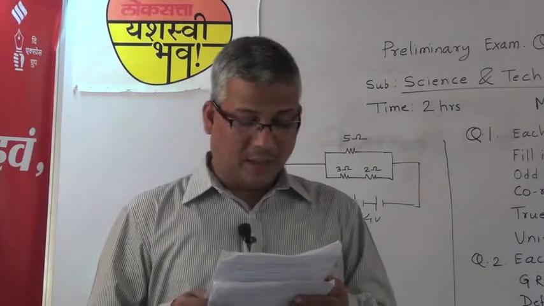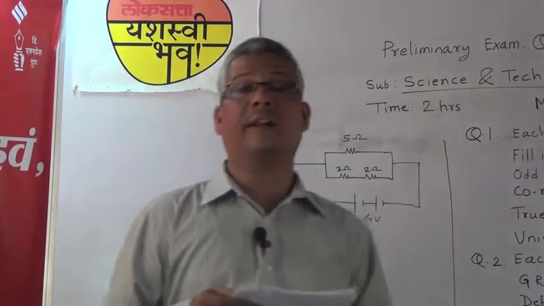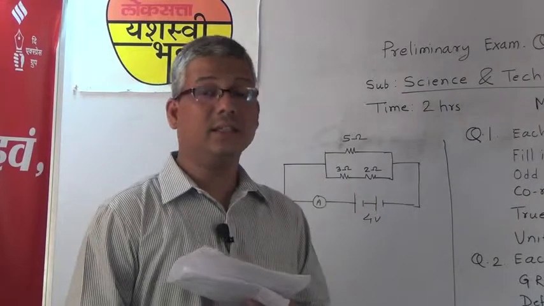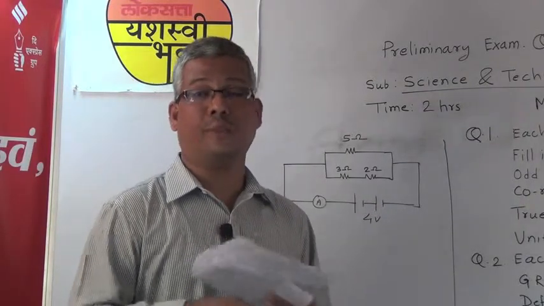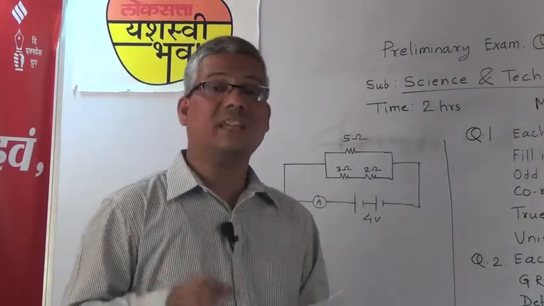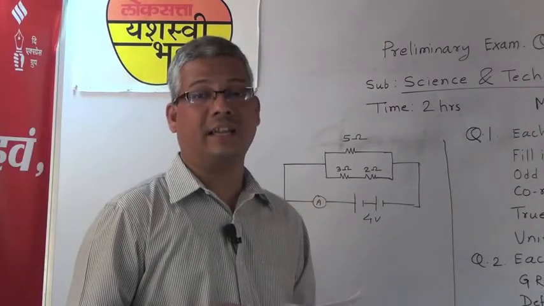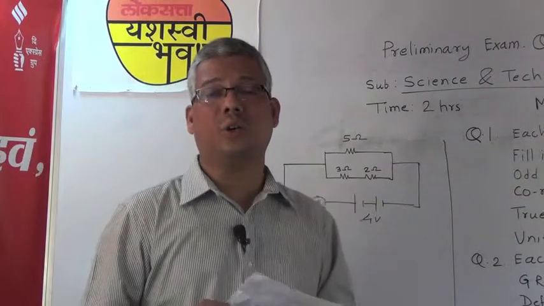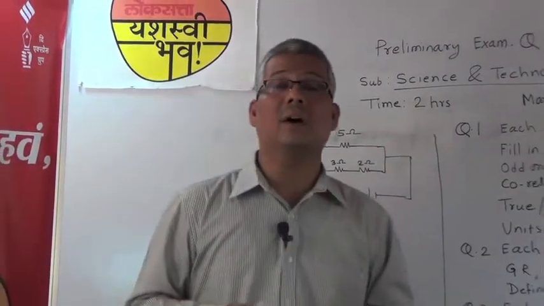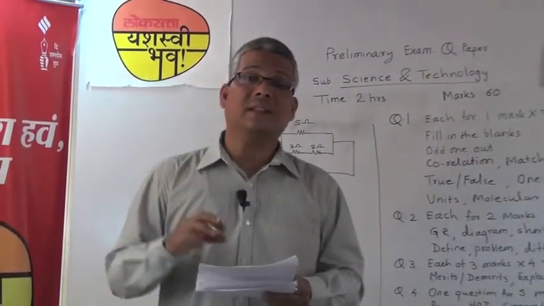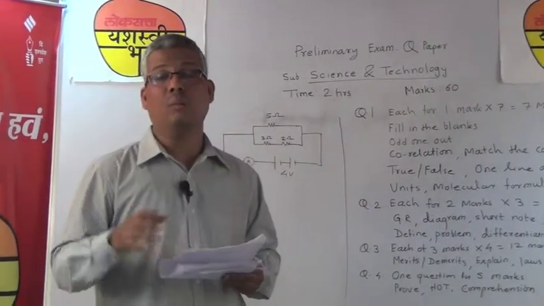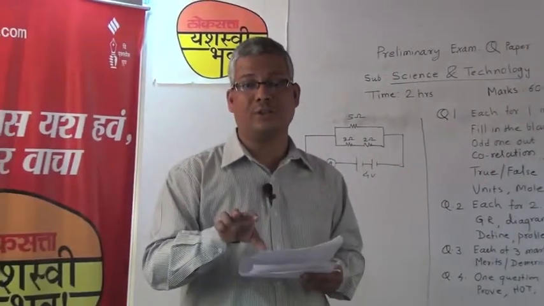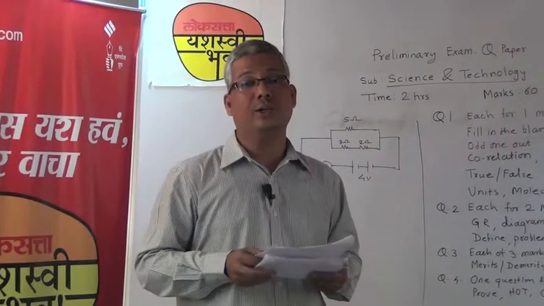Next, explain how the formation of a rainbow occurs. This question on the formation of a rainbow can be described with the help of a diagram. So while answering our paper, wherever it is required to draw a diagram, please draw the diagram. Why? Because sometimes these diagrams are more talkative or more informative than your written information, and they add quality to your answer.